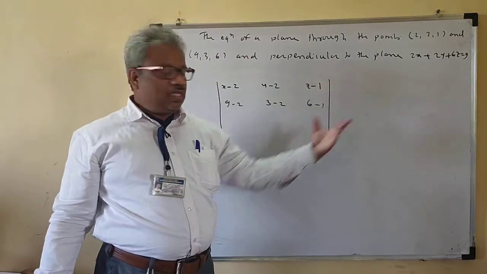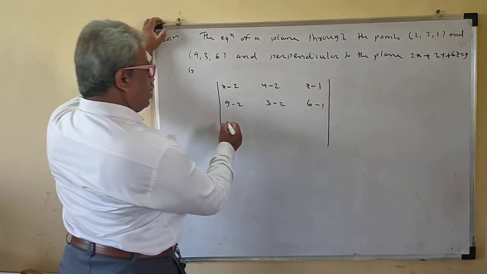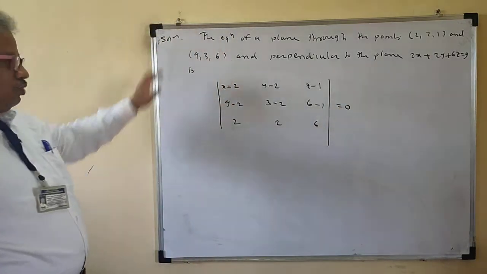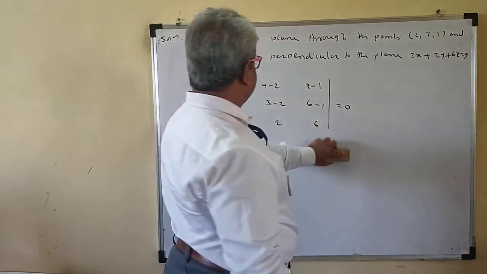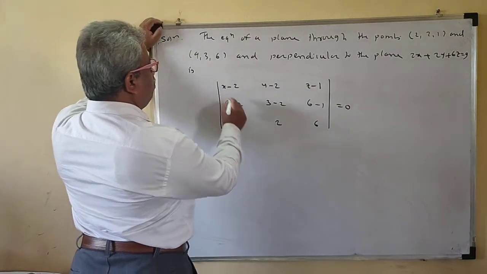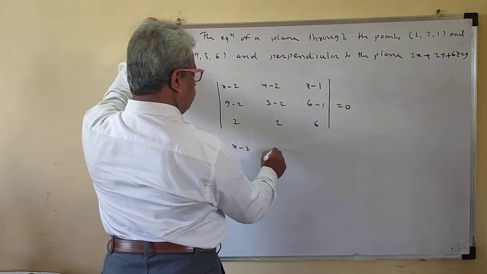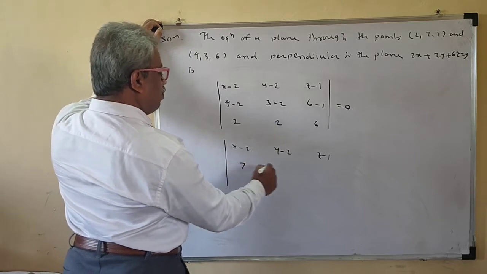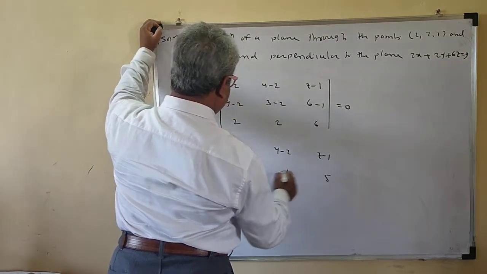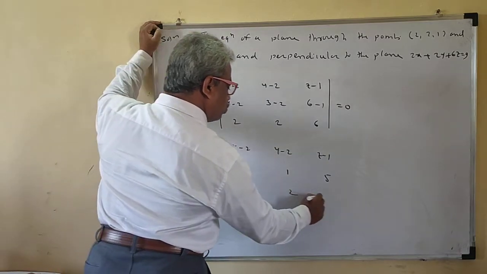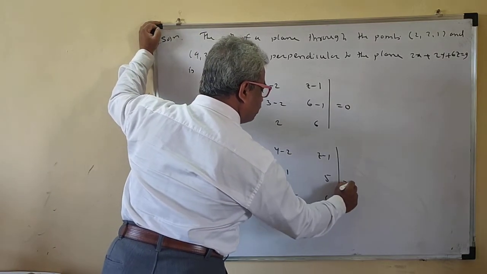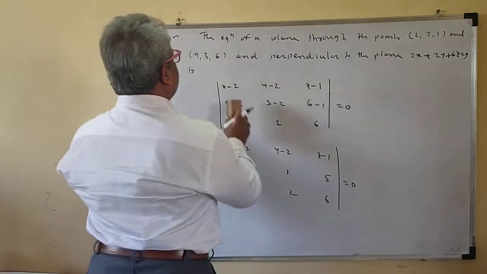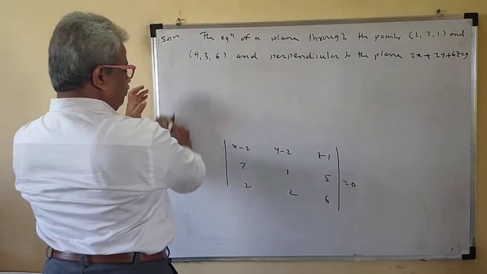The plane is perpendicular to this one, so just write the coefficients of x, y, z here: 2, 2, 6 equals 0. I can take 2 common and write 1, 1, 3 also, but keep it as it is. Now we'll simplify.